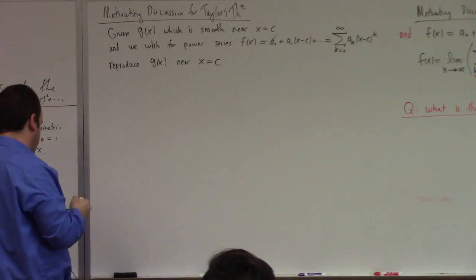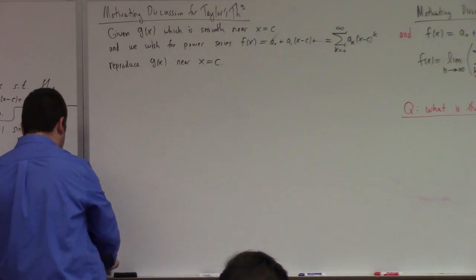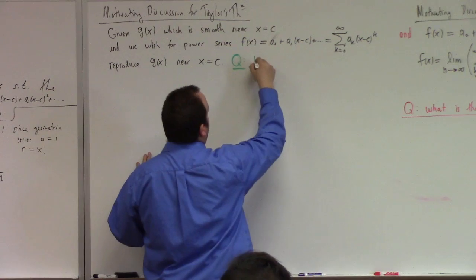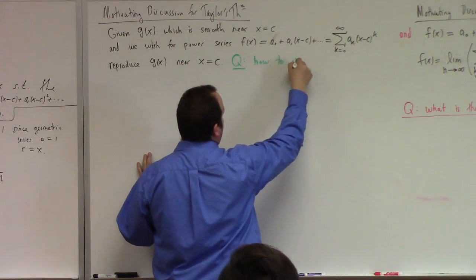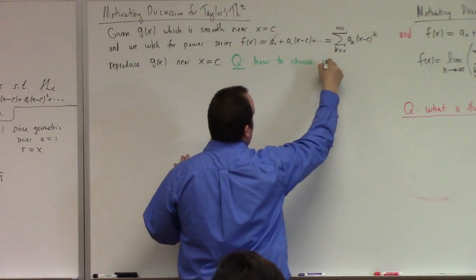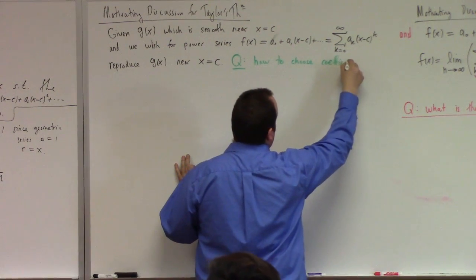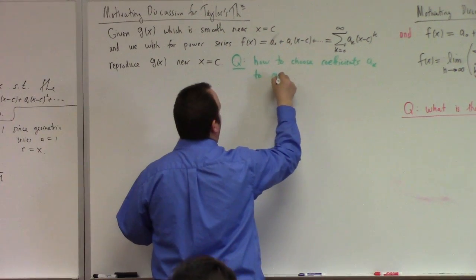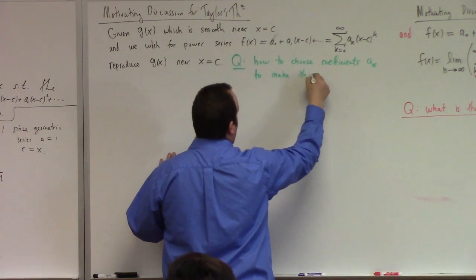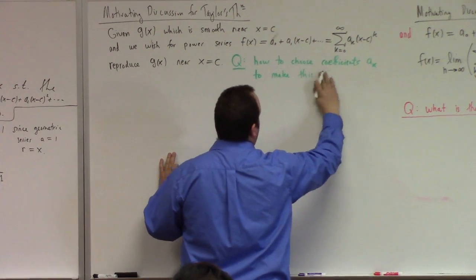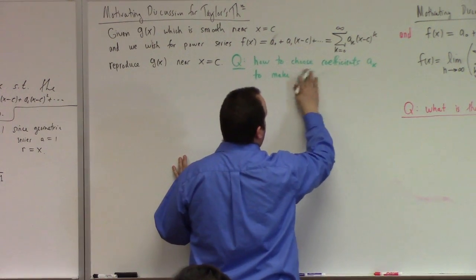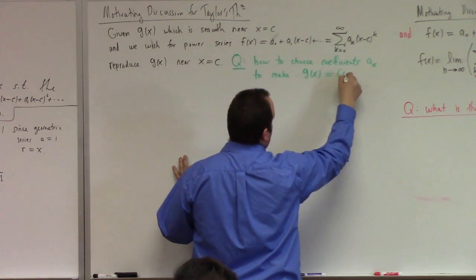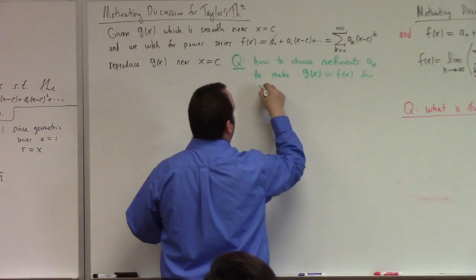The question that I'm going to ask is this. How to choose coefficients a sub k to make this happen? To be more precise, to make g of x equal to f of x for x near c.